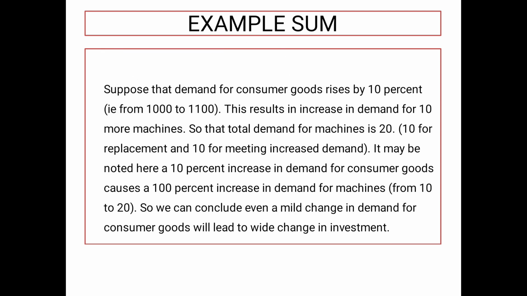We are producing 1000 goods. After 10 years the machine wears and tears, and there is a 10% increase in demand, so 10 more machines have to be bought. Totally there are 20 machines, and from these 20 machines we do the production, because there is a 10% increase in demand.